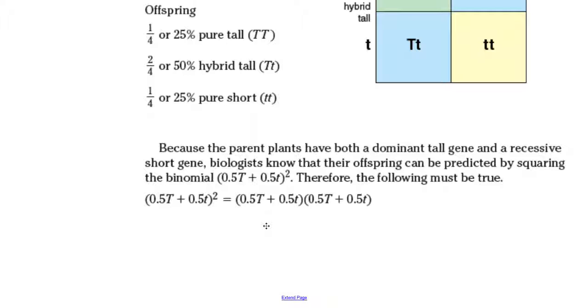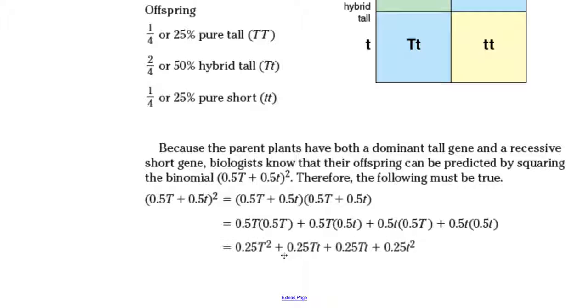So using the FOIL method or the distributive property, we now have 0.5T times 0.5T, 0.5T times 0.5 lowercase t, 0.5 lowercase t times 0.5 capital T, and 0.5 lowercase t times 0.5 lowercase t. And simplifying this further, we have 0.25 capital T squared, 0.25 capital T lowercase t, 0.25 capital T lowercase t, and 0.25 lowercase t squared.